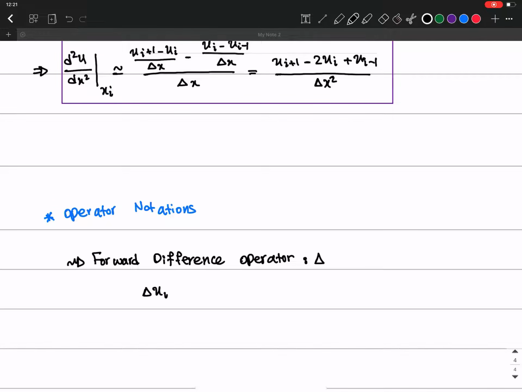Delta ui is ui plus 1 minus ui. So this is a forward difference.